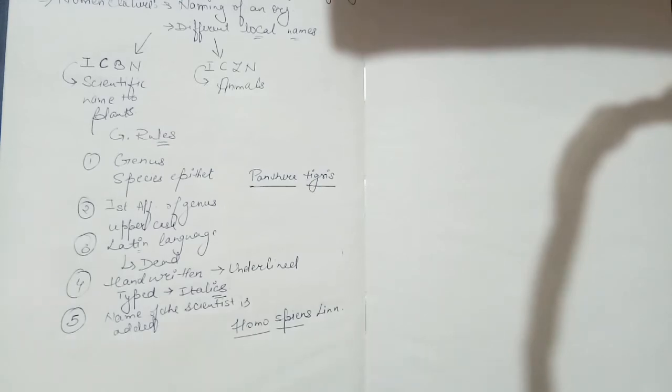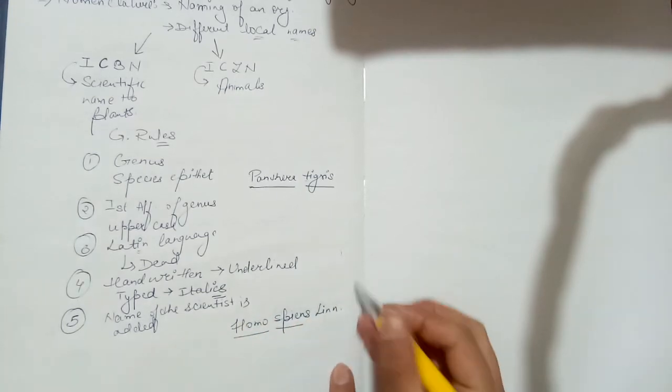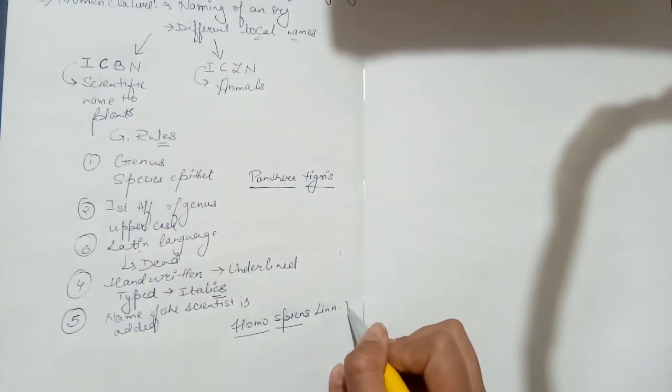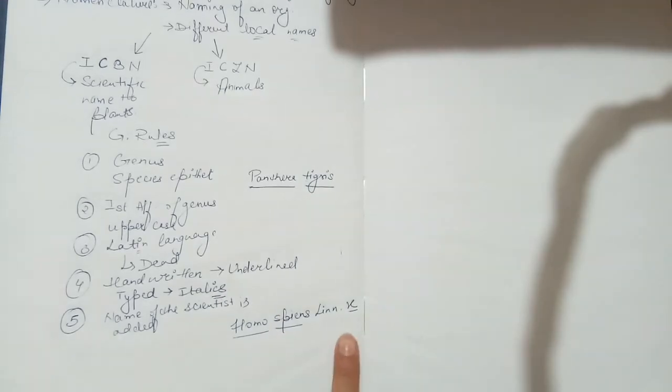If there is any scientist, say X, who modified Homo sapiens, then the scientific name of the organism will be written as Homo sapiens Linn. X, or the name of whichever scientist modified it.